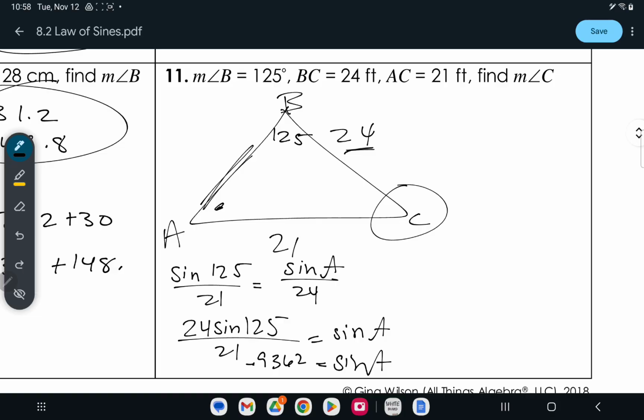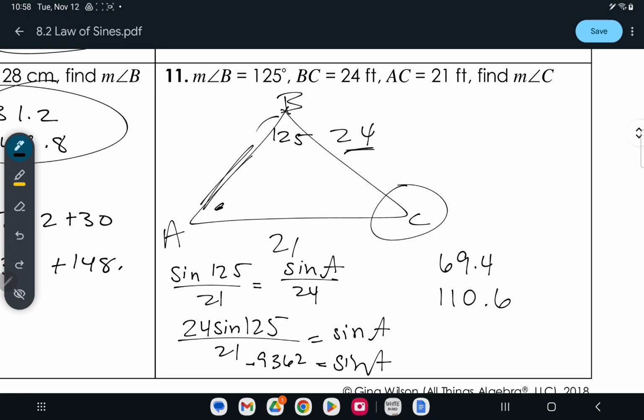I do the inverse of 0.9362. So I get 69.4, and then 180 minus 69.4 is 110.6.